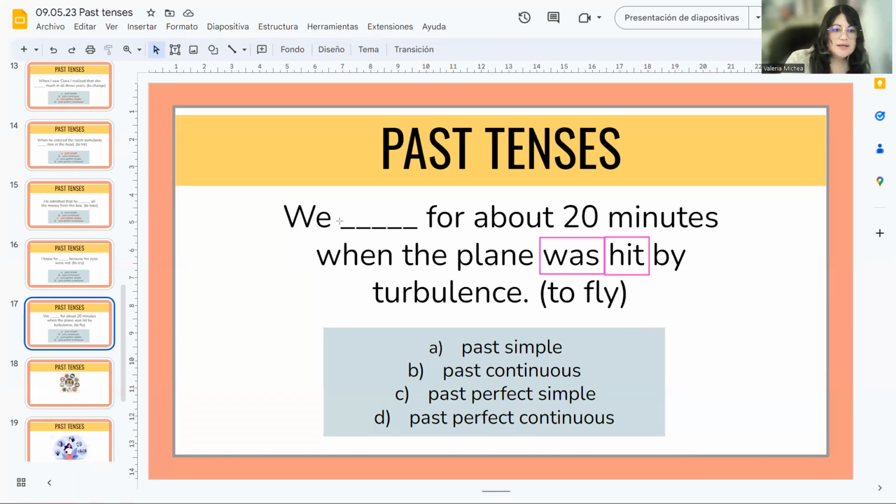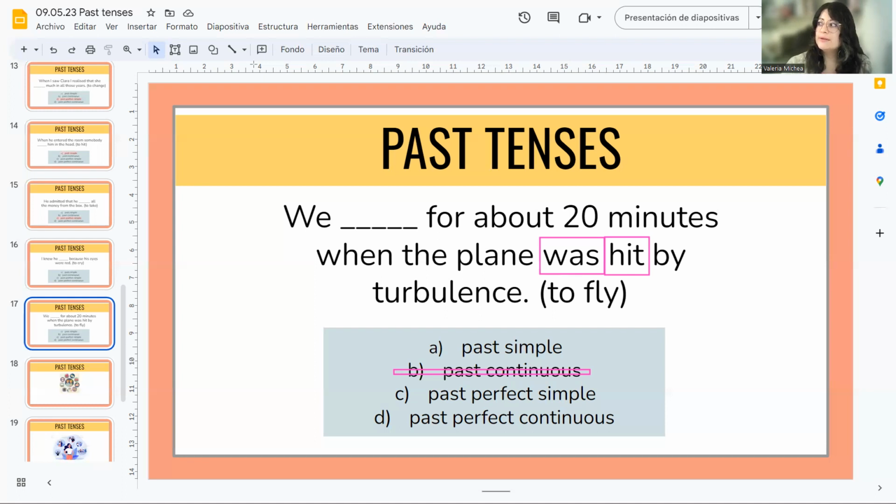We have the past continuous. Maybe the past continuous is our favorite tense, but it's not useful all the time. In this case, I would say that the past continuous doesn't go. No, I wouldn't like it, because we were flying for 20 minutes when the plane was hit by turbulence. No, it doesn't make sense to me.